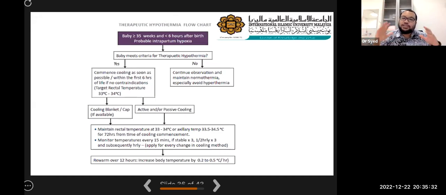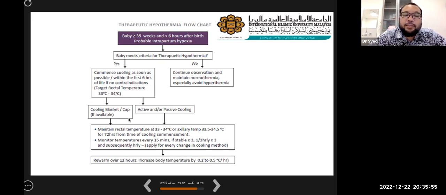Active cooling has a machine. Alhamdulillah, in Susmac we have the cooling machine. So the cooling machine will cover the whole body, up to the head, and it will reduce the baby's body temperature, and it has a rectal thermometer to maintain the temperature of the baby at 33 to 34 degrees Celsius.